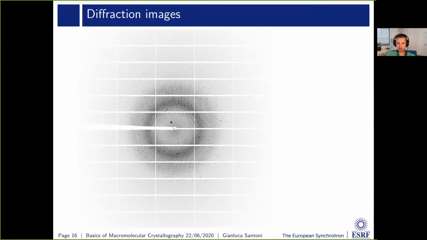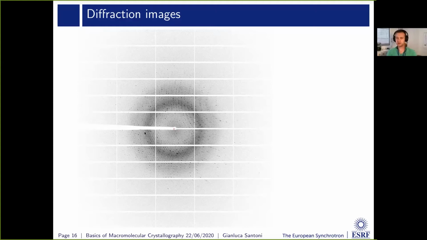Then with trigonometry, we can simply determine the angle by knowing the distance between the center and the particular spot and the distance between the center and the sample. This blank region here is the beam stop. We will see later that most of the X-rays that we send to the detector actually simply cross the sample without doing anything. If this very intense beam would reach the detector, it will burn it very, very quickly. So we put some metal in the middle.